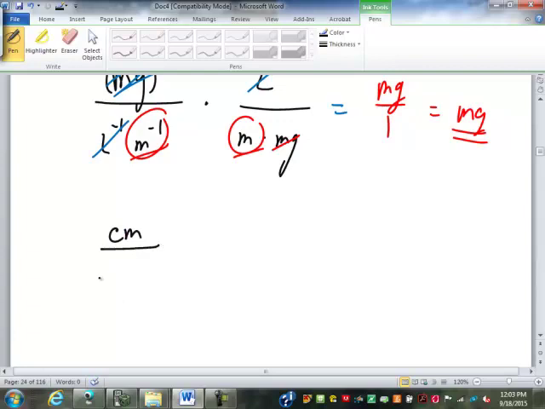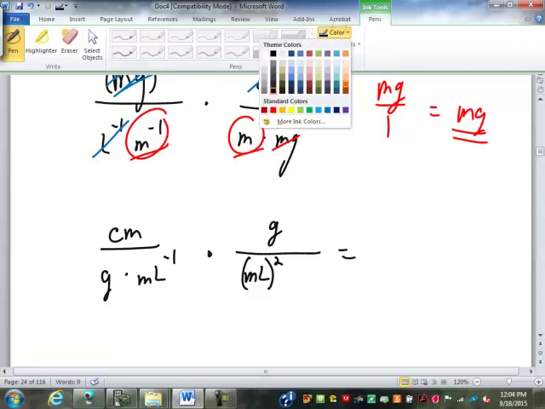Centimeters over grams times milliliters to the negative 1 times grams over milliliters squared. Let's see how this comes out.